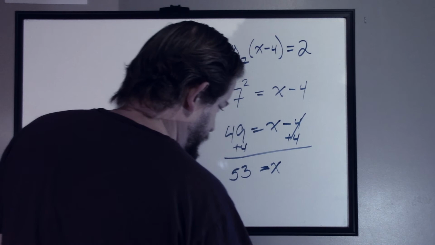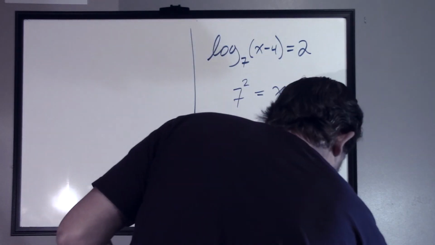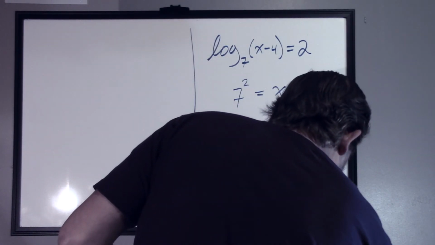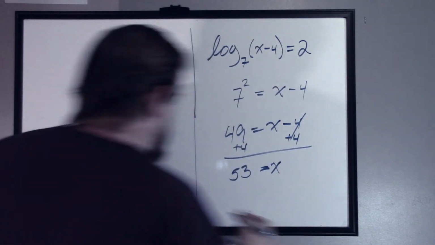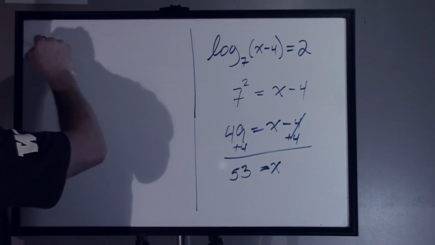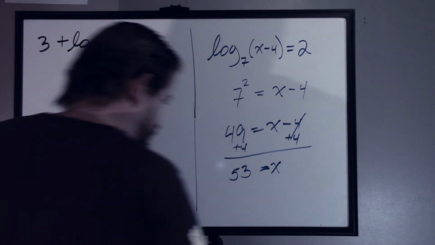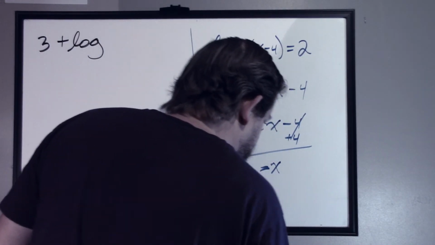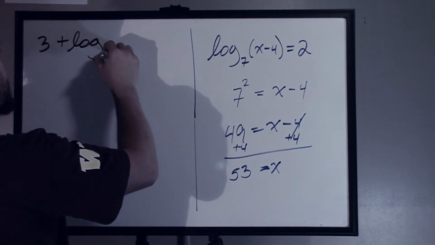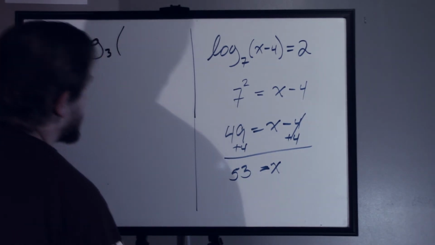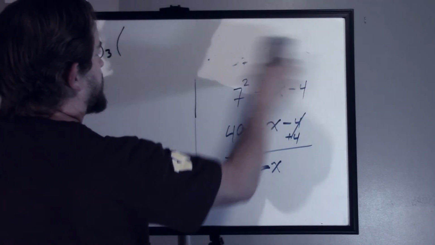Alright, let's look at one last one here. Let's look at 3 plus the log base 3 of 2x plus 5 equals 6. I'm going to do this example from the bottom of the book.